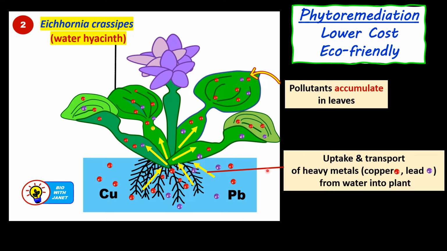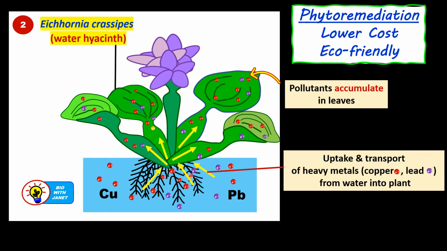Now, there's uptake and transport of heavy metals from the water into the plant. The types of heavy metals that are absorbed very effectively by this plant are copper and lead ions. Copper ions are represented by the red spheres, and the lead ions are represented by the purple ones.